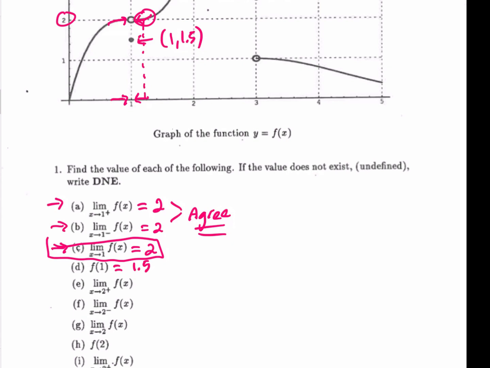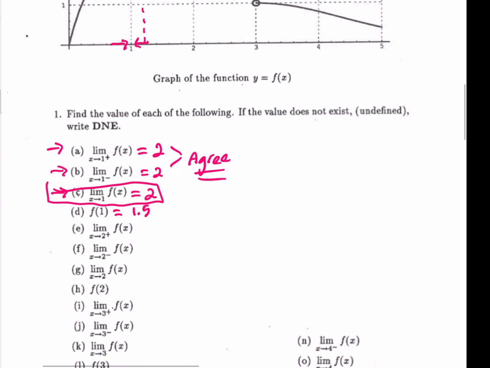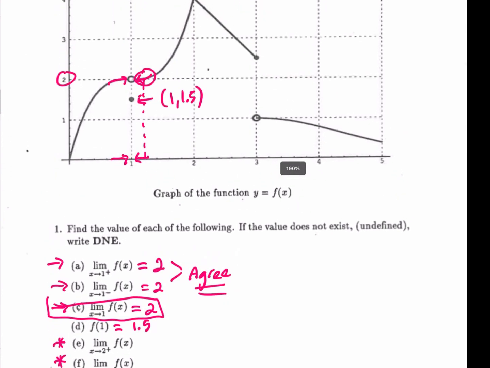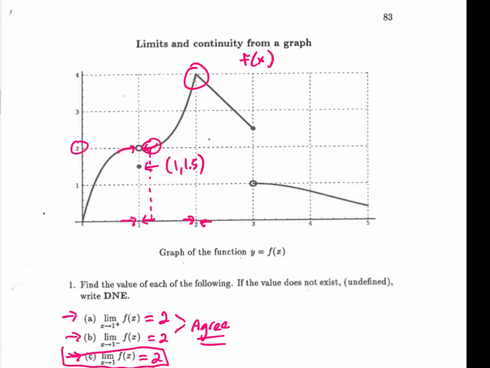All right, now moving on to this next question about what is the limit as x goes to 2 from the right, what's the value of the limit as x goes to 2 from the left, and then overall do we have a value as x goes to 2 of the function. So let's look at our situation here. Let's go up to the graph. Well, notice that they are agreeing from the left and the right.